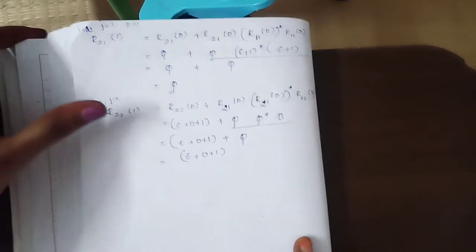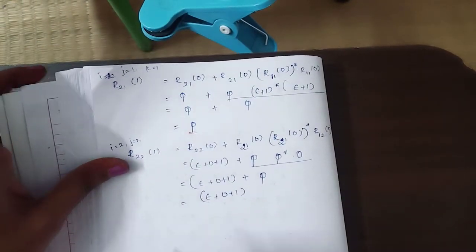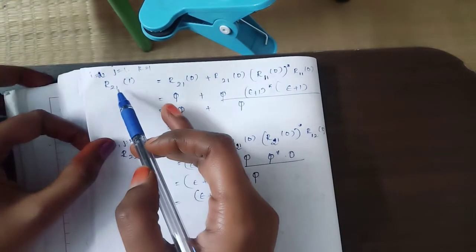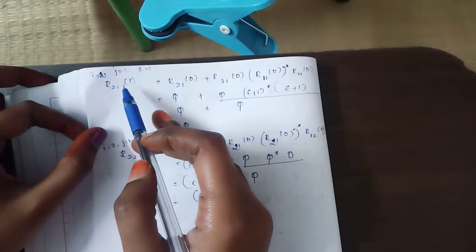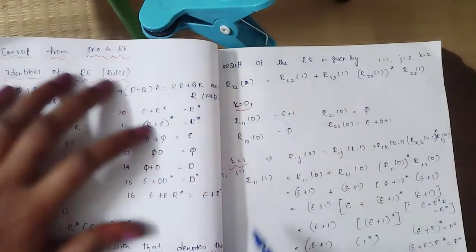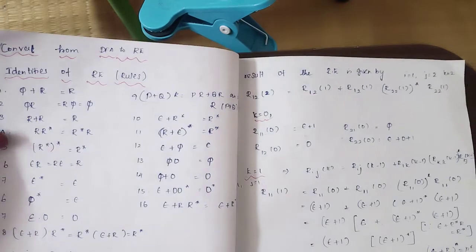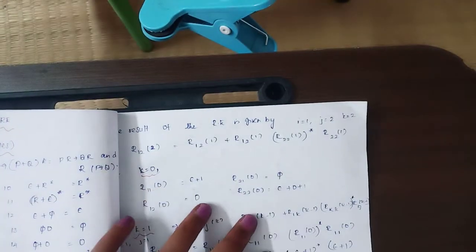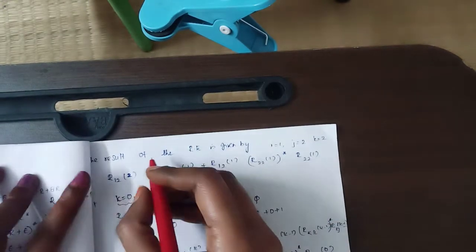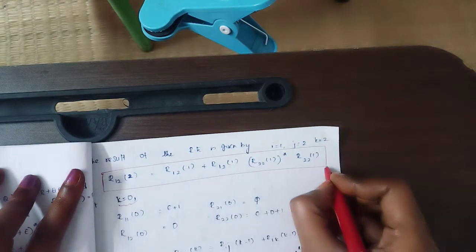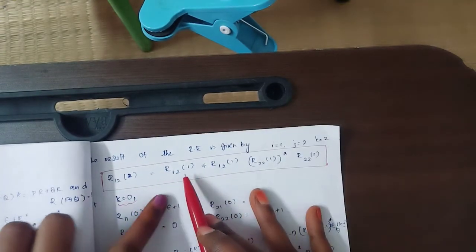After that we'll look at the result. Why? Because we have found r21, r22, r11 and r12. So the result of the regular expression for our case, this is our result. So see here, the result is r12 of 2 equal to r12 of 1.